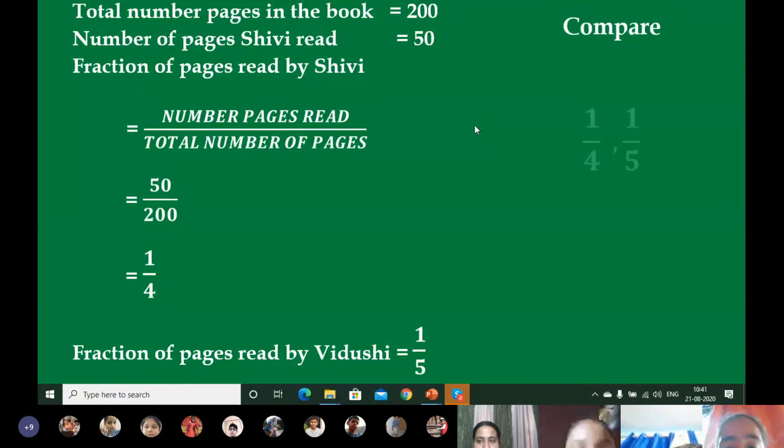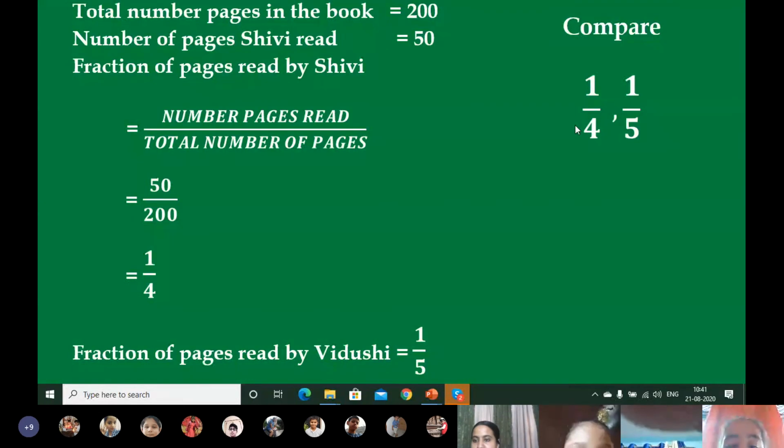Which law will we have to use? We have done this just now, 2, 3 methods. Which method? See, the fractions are unlike but the numerator is the same. So, which is the smallest number? Ma'am, 1 upon 5.